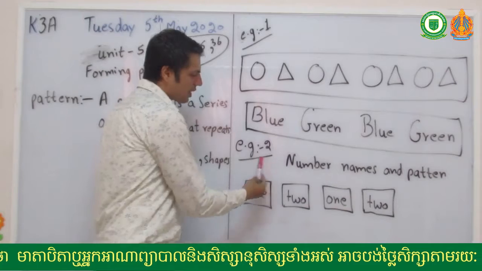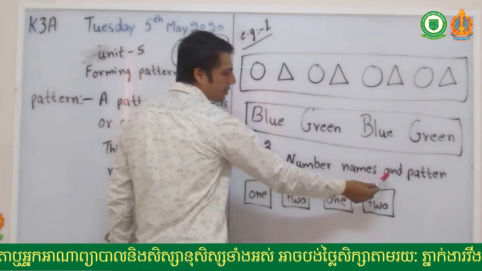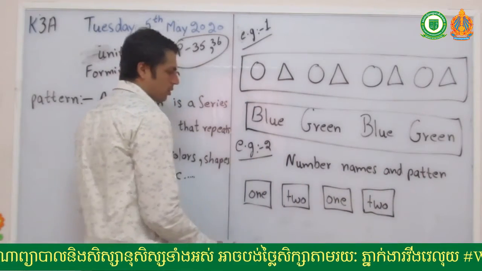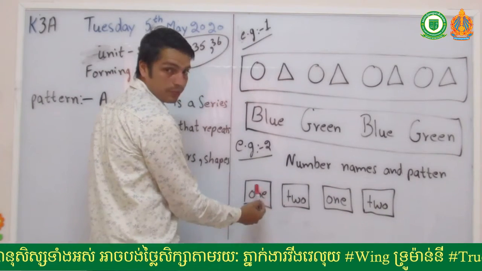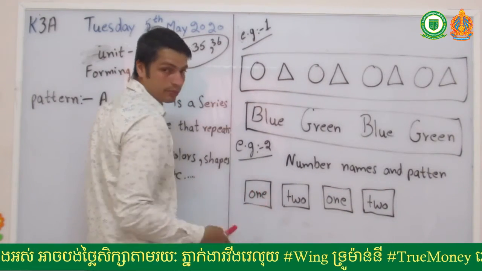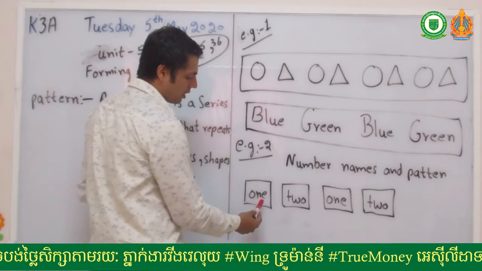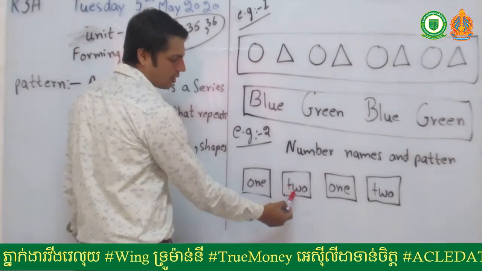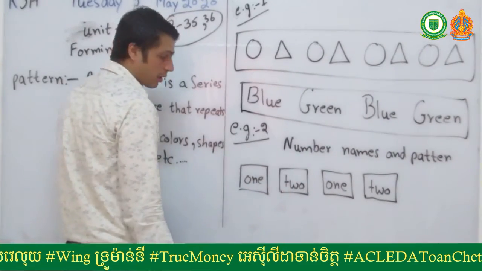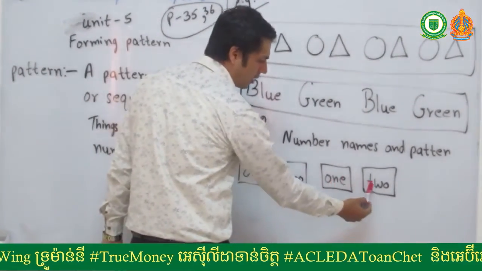And the second example, number names in a pattern. As you can see here, what number is this? It's number 1, but in words. 1, 2, and again 1, 2.